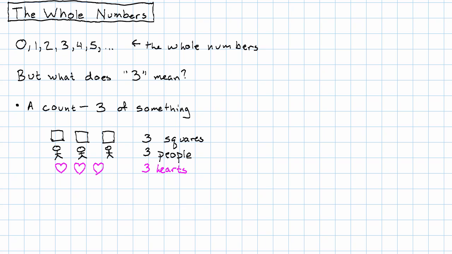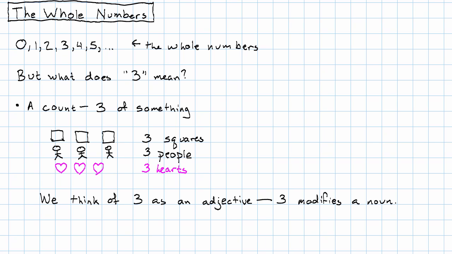In general, we should think about this number as an adjective. That is, the word 3 modifies some noun, some word for a thing. We don't just have 3, we have 3 of something. And yet, when we do arithmetic, we just do arithmetic to 3.